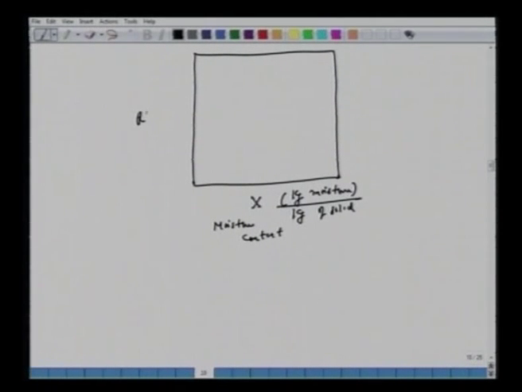Here we are plotting relative humidity or relative saturation, or partial pressure of water vapor in air over vapor pressure of pure water. Then we have a certain curve like this, which we can draw like this.